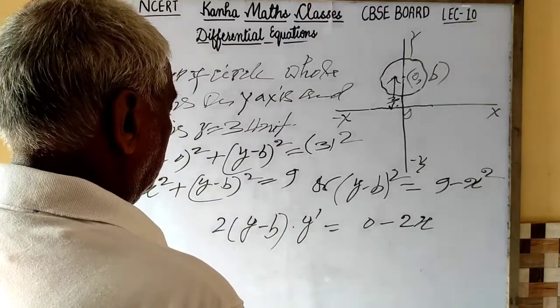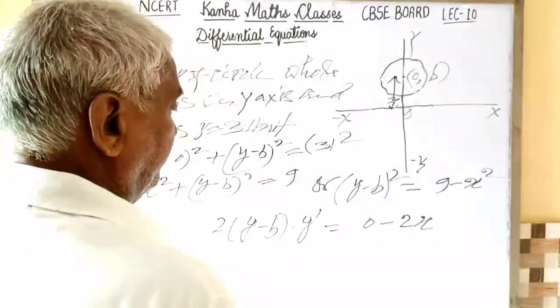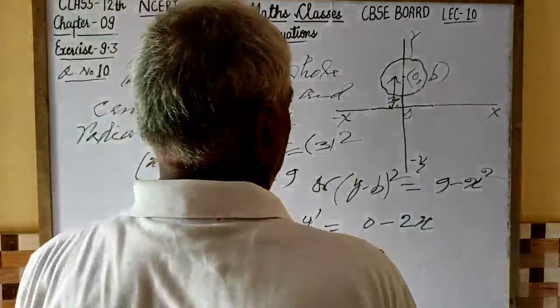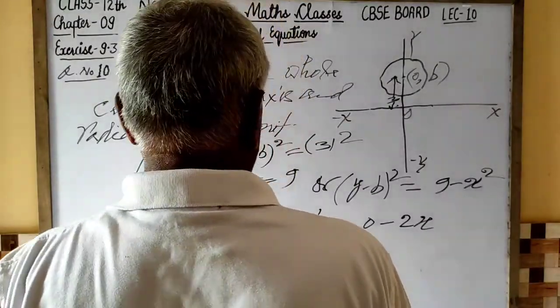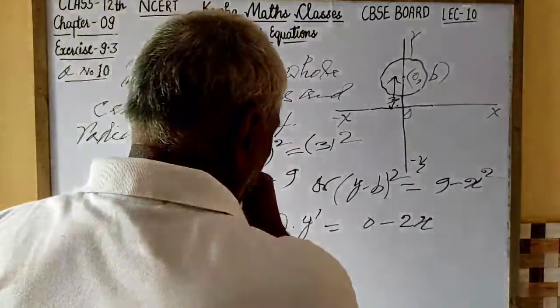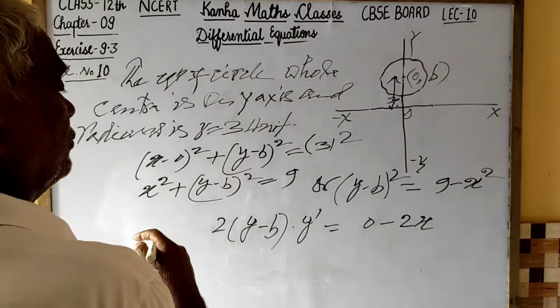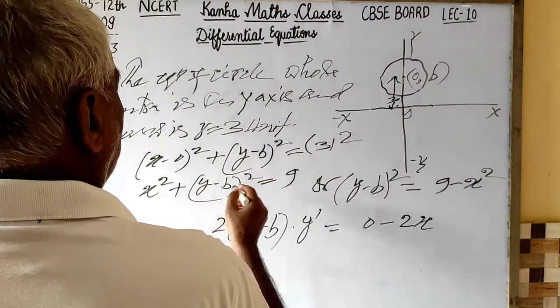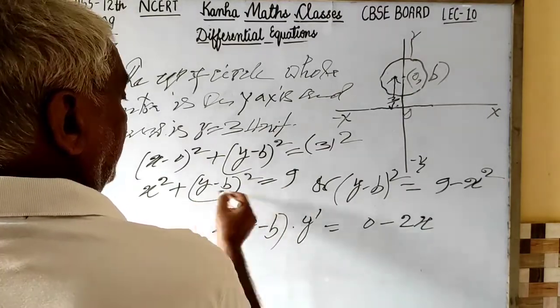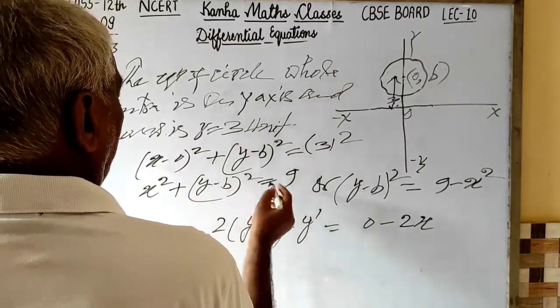and in order to eliminate b we must utilize the value of y minus b in the form of this 9 minus x square.